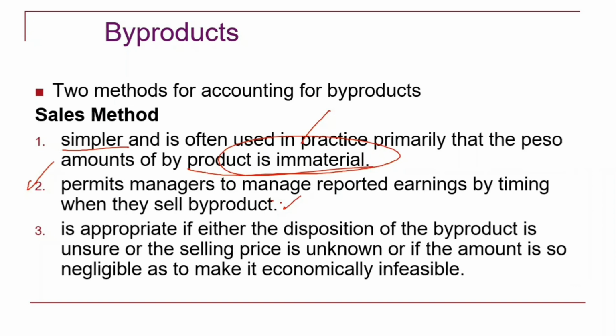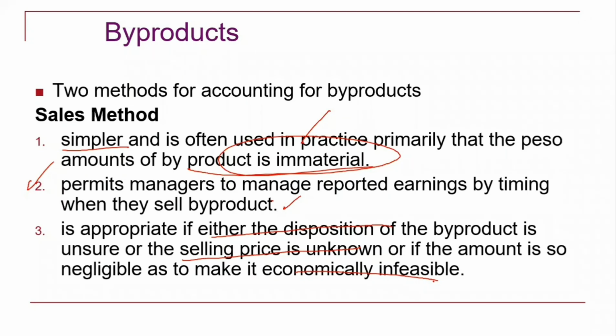And number 3, sales method is appropriate if either the disposition of the byproduct is unsure or the selling price is unknown, or if the amount is so negligible as to make it economically infeasible. Baka naman naglalaan pa tayo ng panahon na pag-account niyan, hindi naman, negligible naman pala yung amount niyan.